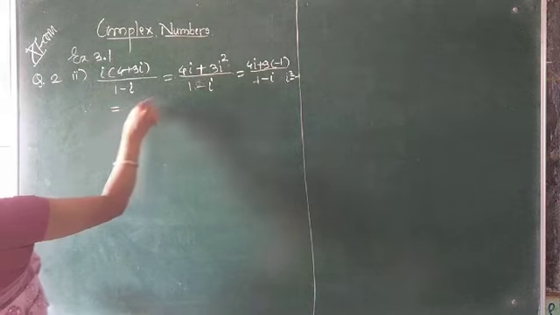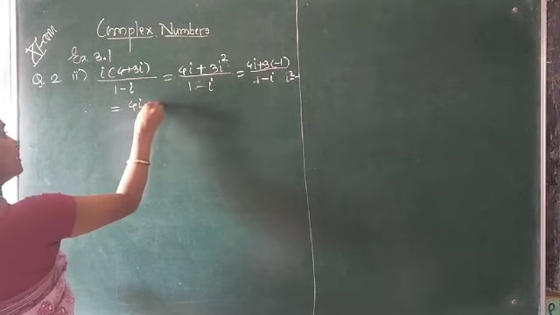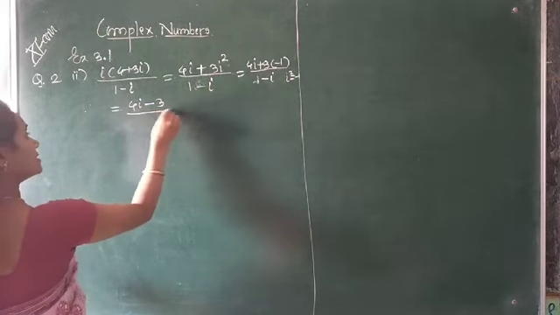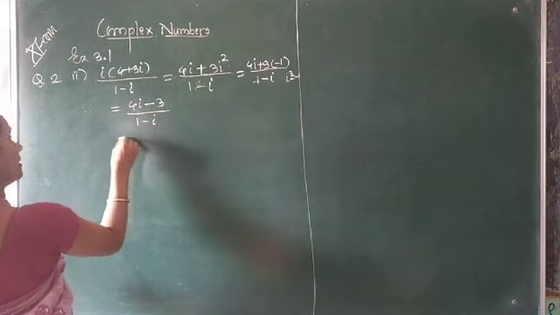Therefore we get 4i, 3 into minus 1 that is minus 3, divided by 1 minus i.